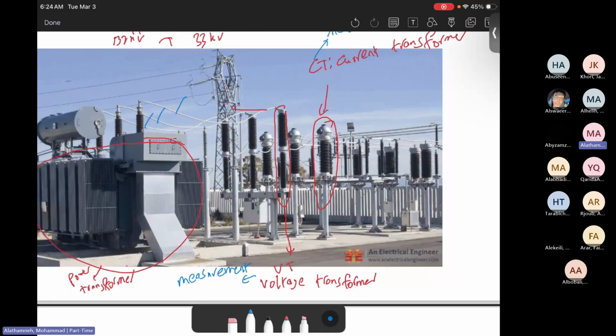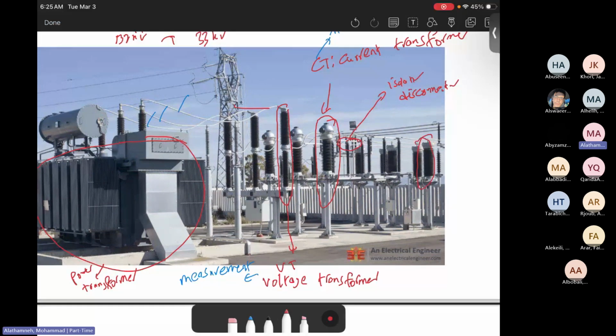Then after that, we will see something that looks like a switch. This is called an isolator, or disconnector switch, or disconnector. Then after that, this cylindrical shape is called the circuit breaker.